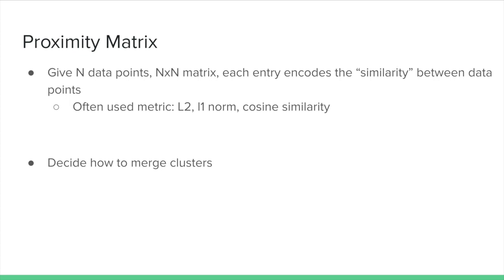The often used metrics are the L2 and L1 norm, and also cosine similarity. In the later examples, you will see that we will calculate the Euclidean distance between points. The proximity matrix is important because it decides how to merge clusters.